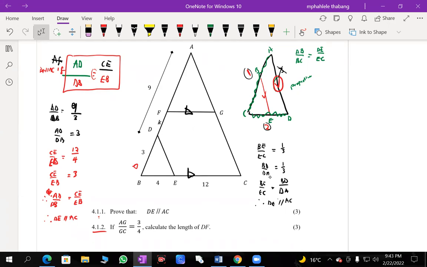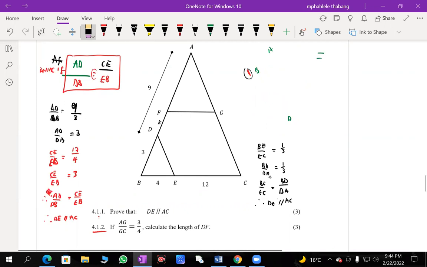Like when the question says a line drawn parallel to one side of a triangle, or a line which is parallel to one side of a triangle. Am I making sense, Mapiti?